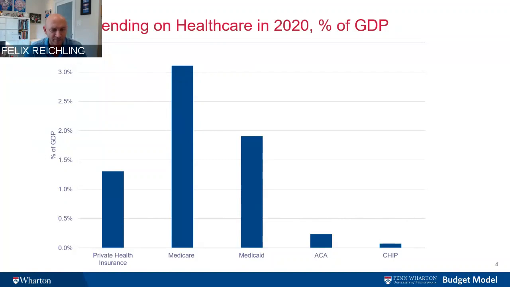But another big item is private health insurance. The federal government subsidizes private health insurance premiums with almost 1.5% of GDP. And that is a big amount of money that, when you think about, for example, Medicare for All, is highly relevant. For example, when you think about how to pay for it.